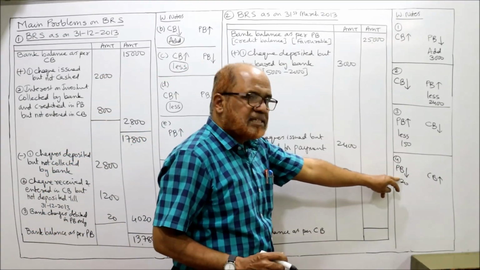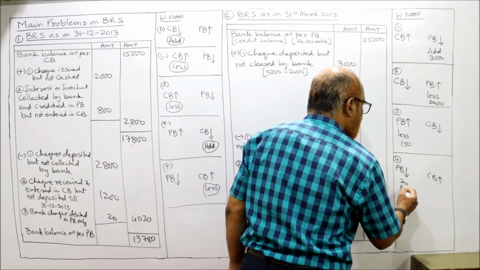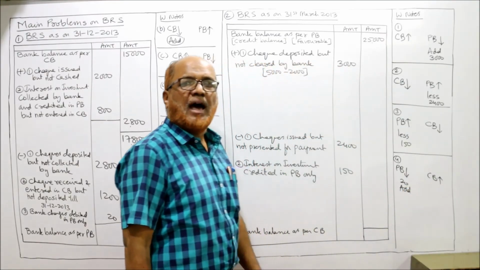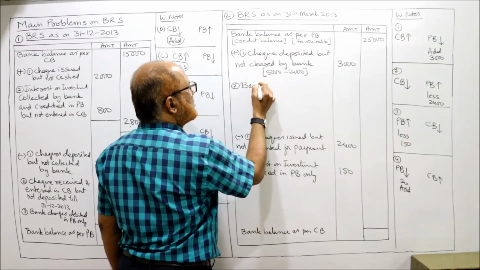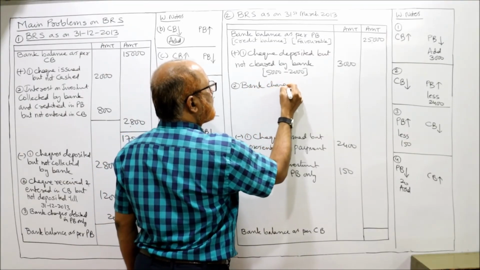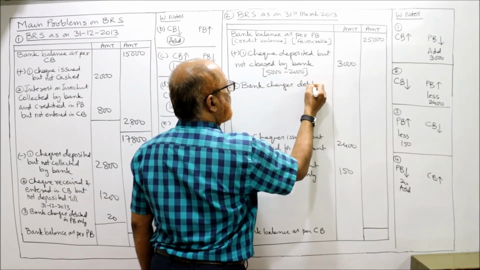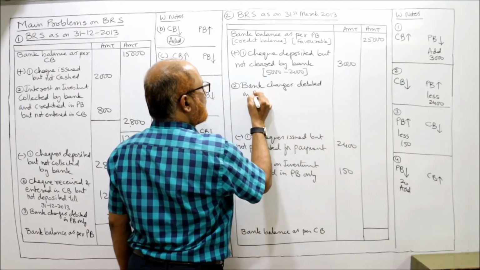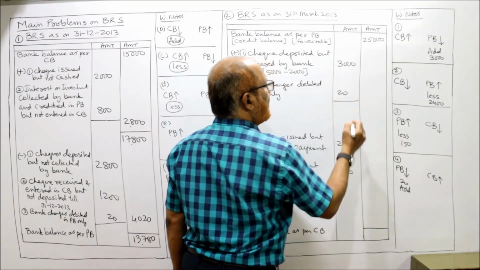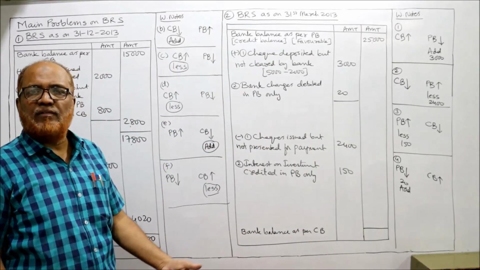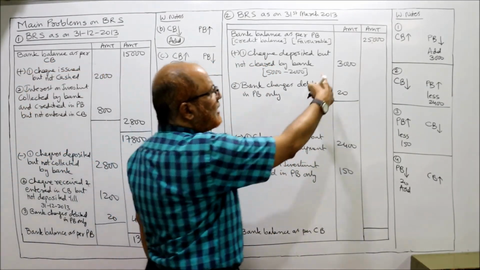So passbook is showing less amount. So what we have to do? We have to add 20. So here I am writing: bank charges debited in passbook only, 20 rupees. That's all. We have completed all the points we have taken.